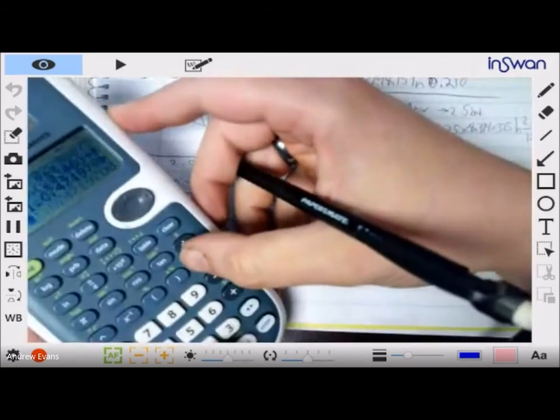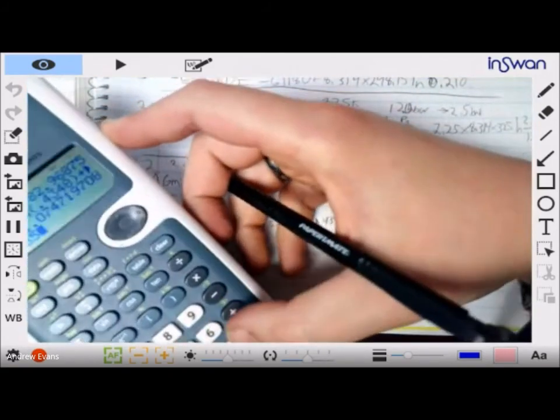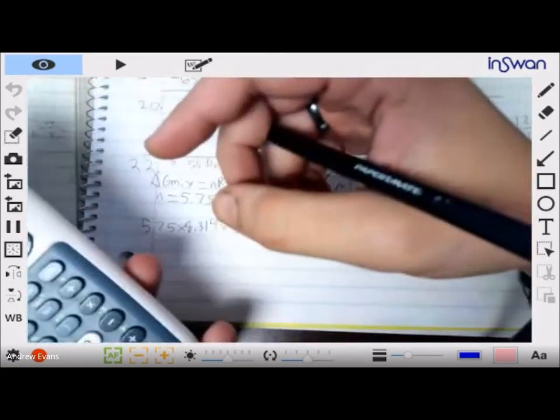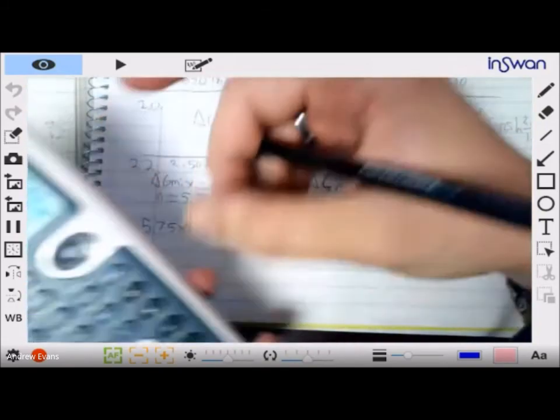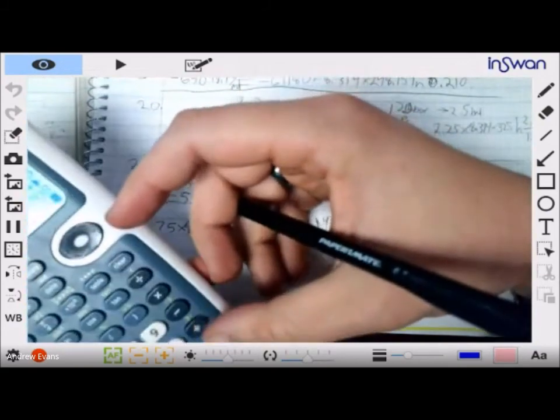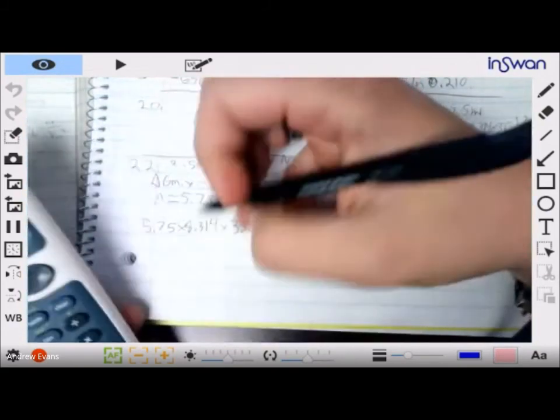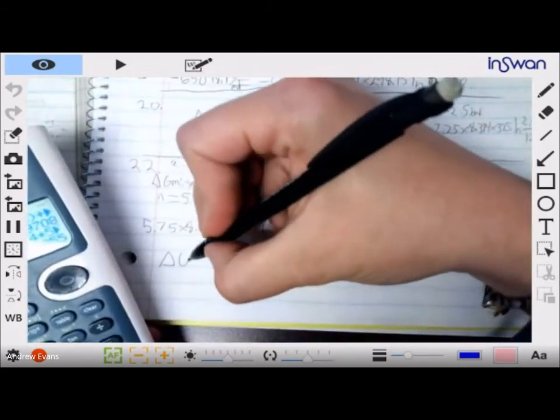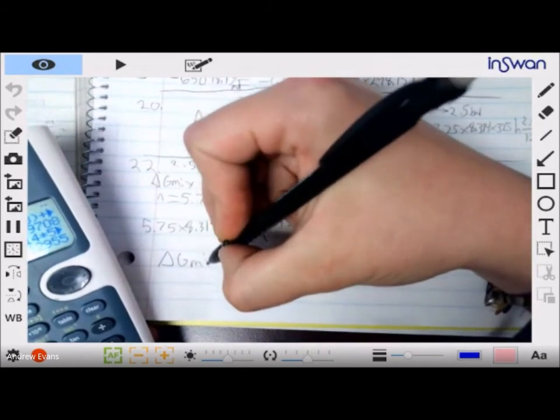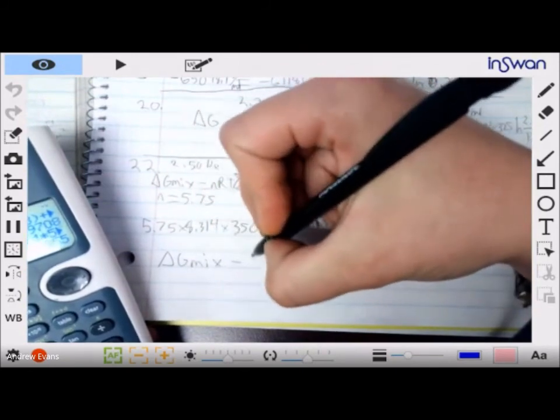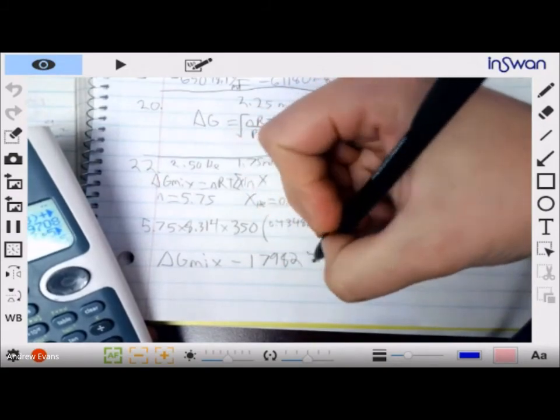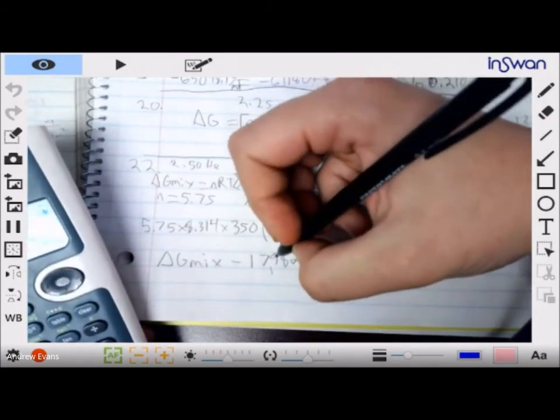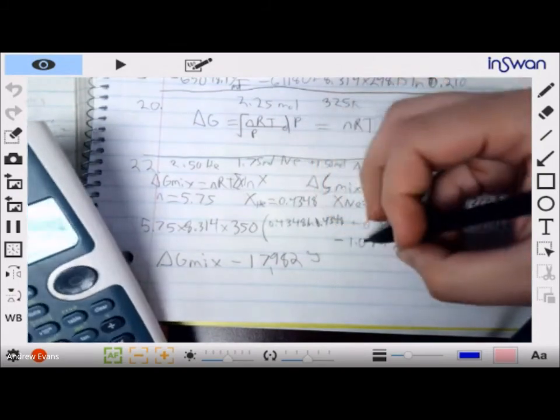Take that, multiply by your temperature, your R, and your moles, 5.75, and your Gibbs mixing, delta G mix, becomes negative 17982 joules, or essentially almost 18 kilojoules.